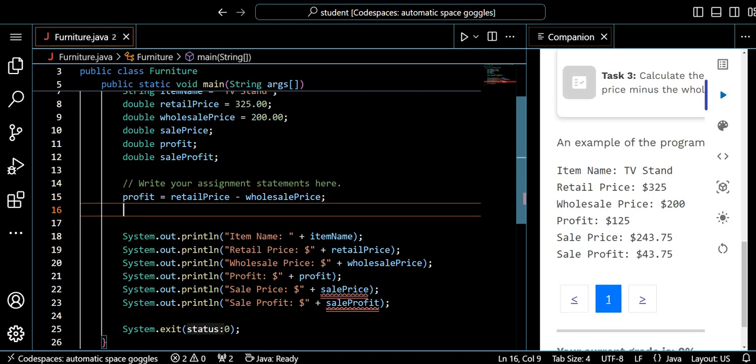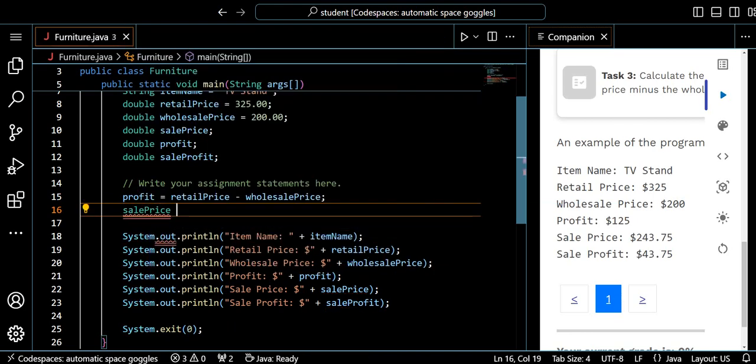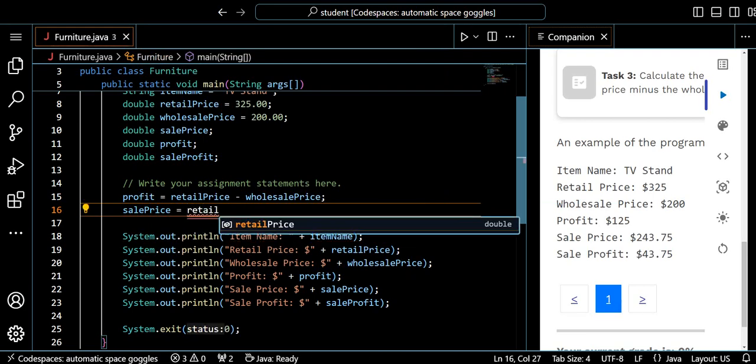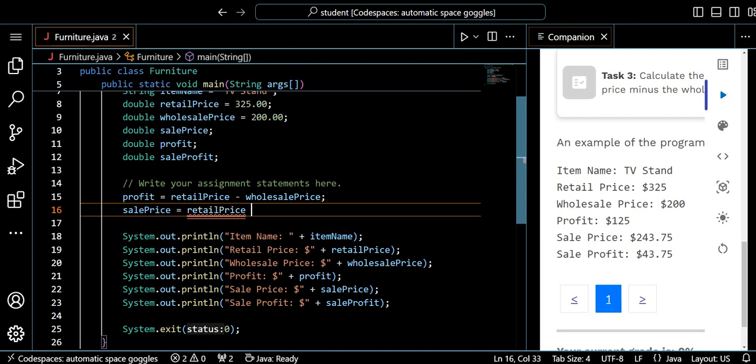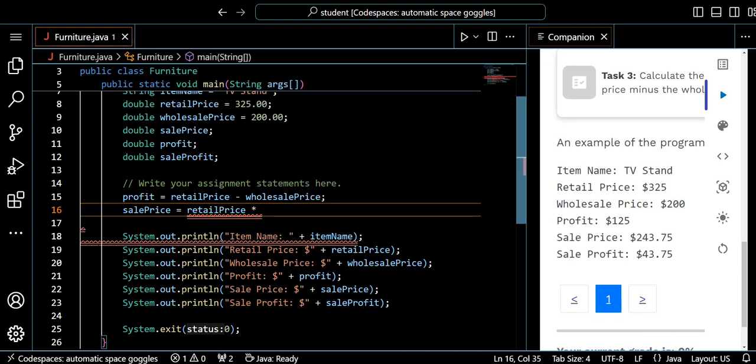And we have sale price equals retail price, and since 75% is, we're going to use 75% instead of 25 because that's what the discount is, and we're not looking for a discount. We're looking for the sale price, which is 25% off of 100%, which is 75%.